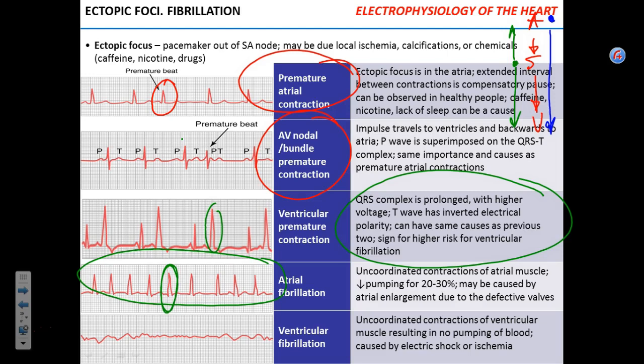So in atrial fibrillation, does the heart pump? Yes. And it pumps basically enough to maintain life. It's not perfect, but the person is not going to die. There are complications associated with it. For instance, in atrial fibrillation, the chance of formation of a clot in the heart is much higher. So pretty much atrial fibrillation is associated with increased risk of a stroke.